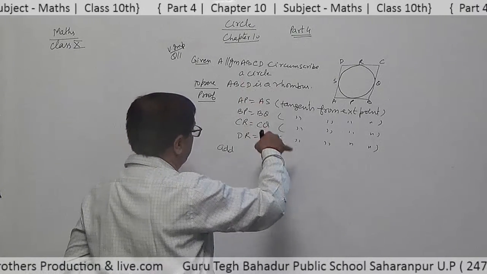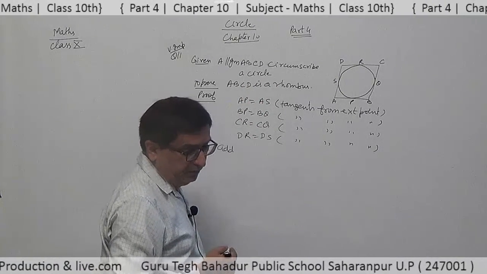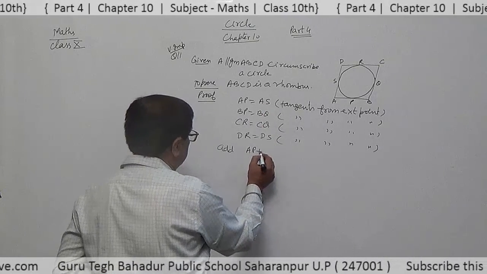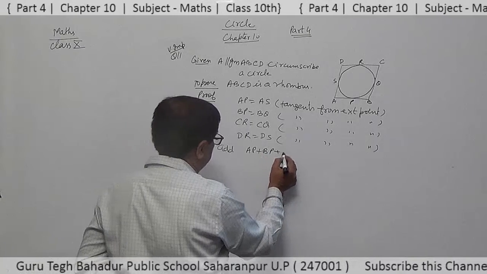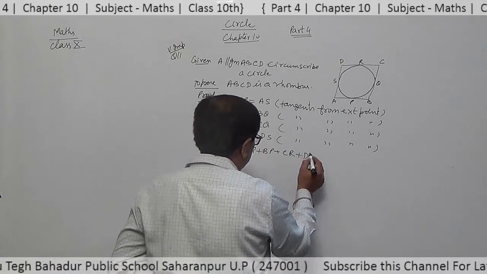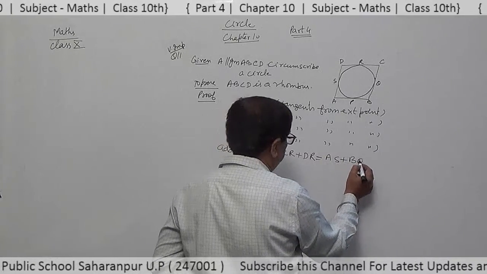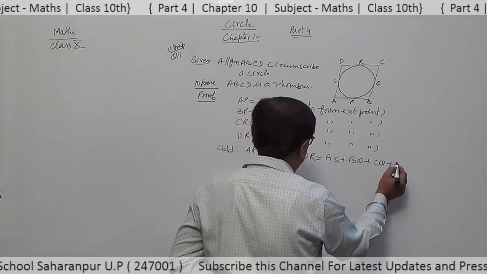We have already done this in question number 8. AP plus BP plus CR plus DR is equal to AS plus BQ plus CQ plus DS.